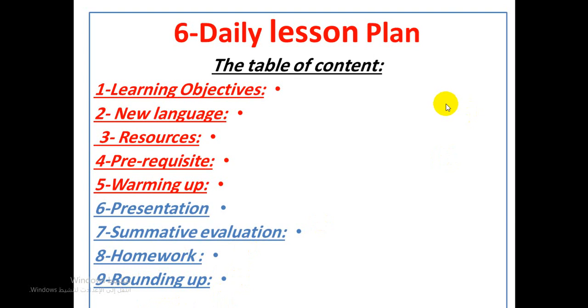If I ask you what is the difference between a short-term plan and a long-term plan? Of course, a short-term plan is the daily lesson preparation which language teachers prepare before going into the classroom.